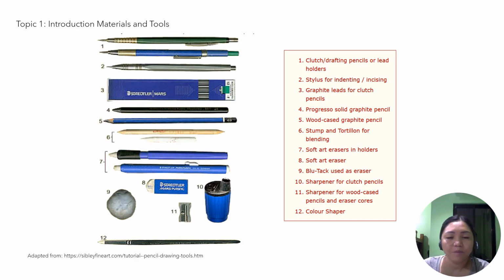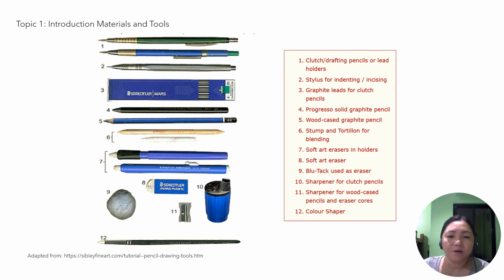Here are some of the materials and tools that will be discussed today. The first one will be your clutch or your drafting pencils or your lead holder. Two is your stylus or indenting incising. Three are your graphite leads for clutch pencils, and four are your Progresso or your solid graphite pencils. Five are your wood case graphite pencils.